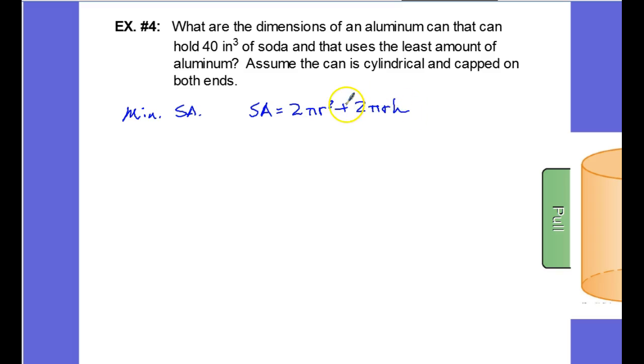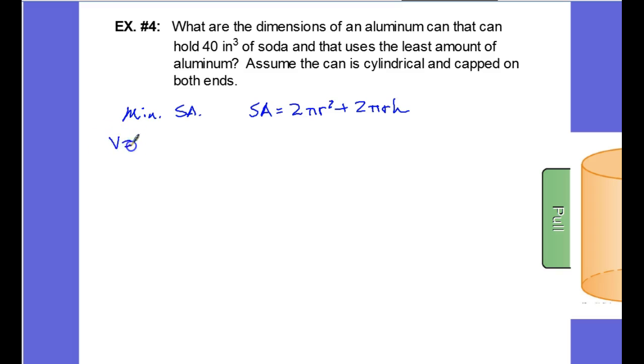And so another formula that we probably want to think about is volume, since that's what we're talking about. Volume is fixed, and so that will allow us to use the volume formula to find a relationship between r and h, because these two variables are related in that formula as well.